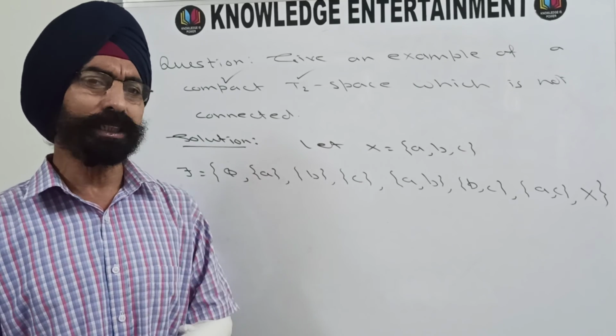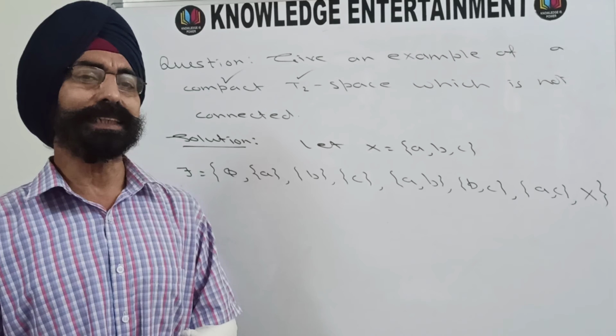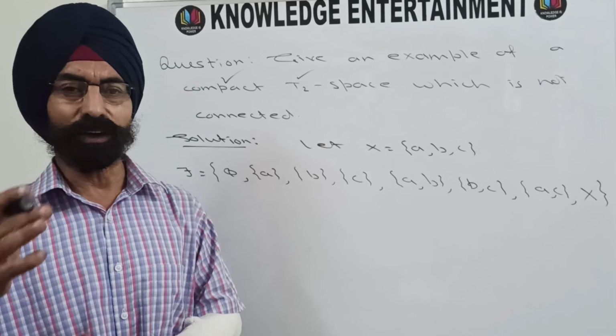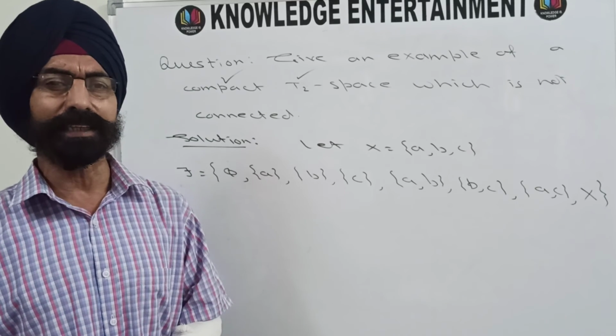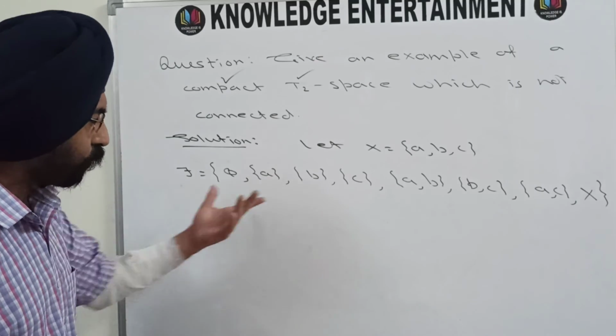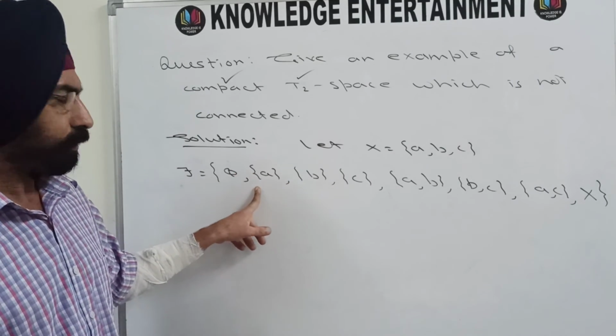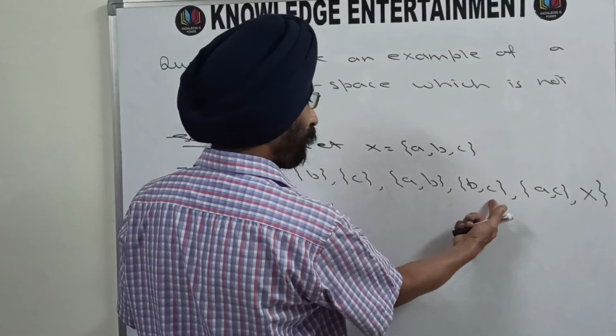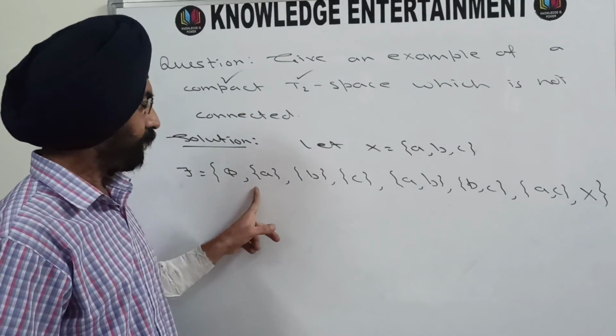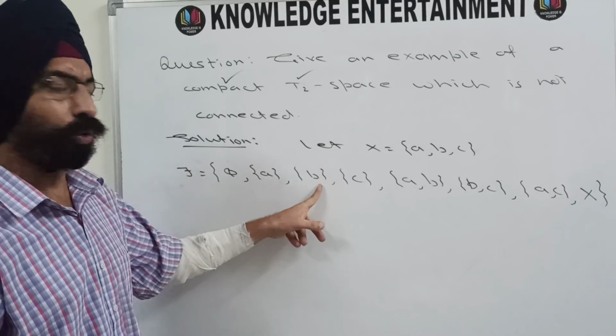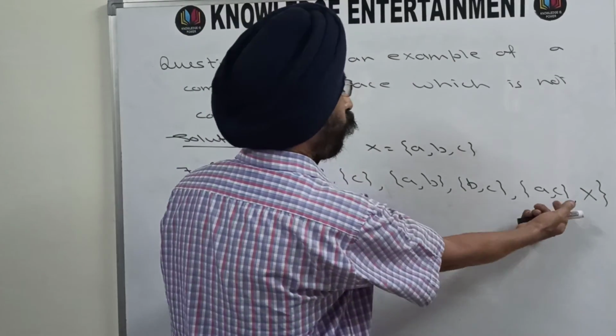If in a topology there exists a set which is open as well as closed, other than phi and X, then it is disconnected. So here also this set is open as well as closed because its complement is open.